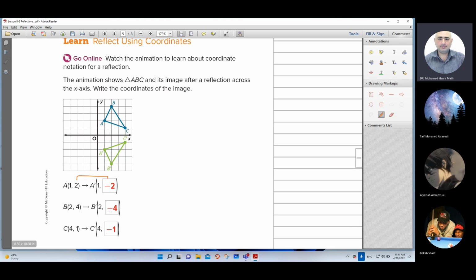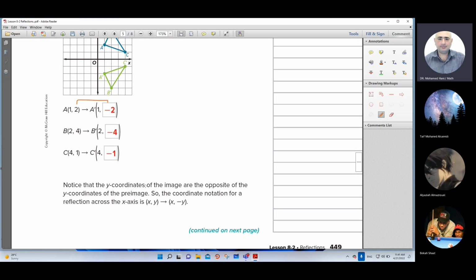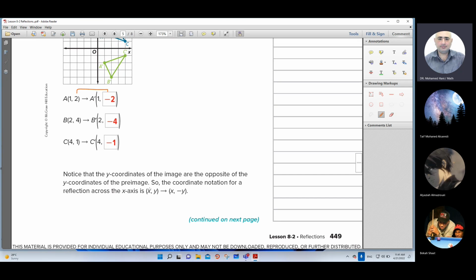Also here the same idea, the same x and the opposite y. And here the same x and the opposite y. So the rule: if we have (x, y), the reflection across the x-axis will be (x, -y), the same x and the opposite y.